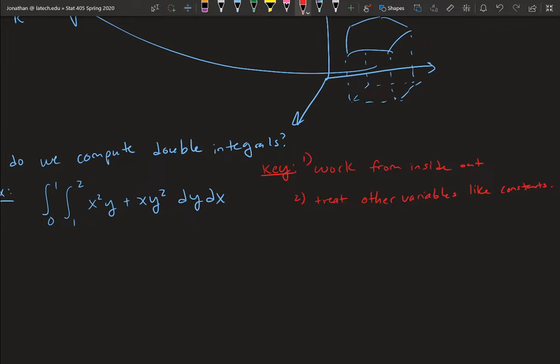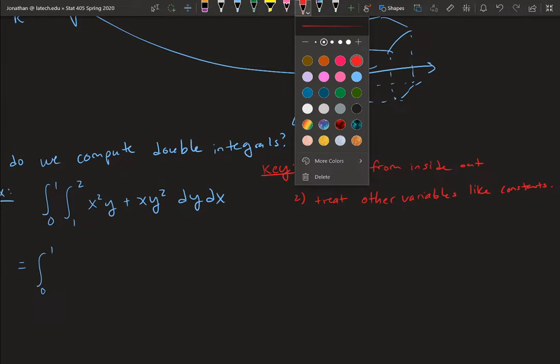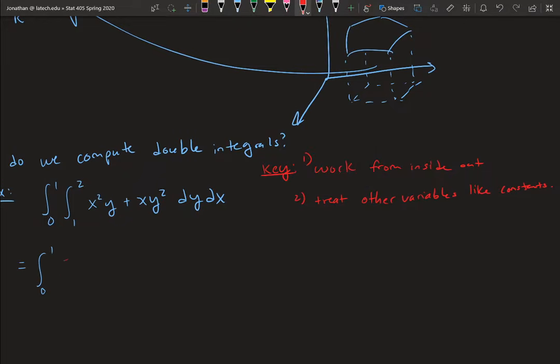So to do this integral, the way that it's set up right now, this would be the integral from 0 to 1, and then we would do the y integral. So I'm going to integrate with respect to y, so I get x squared times y squared over 2, if I'm just treating x squared like it's a constant, plus x times y cubed over 3, because I'm treating x like a constant.